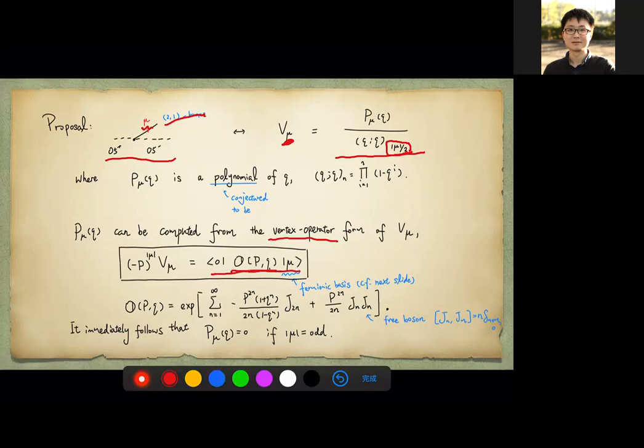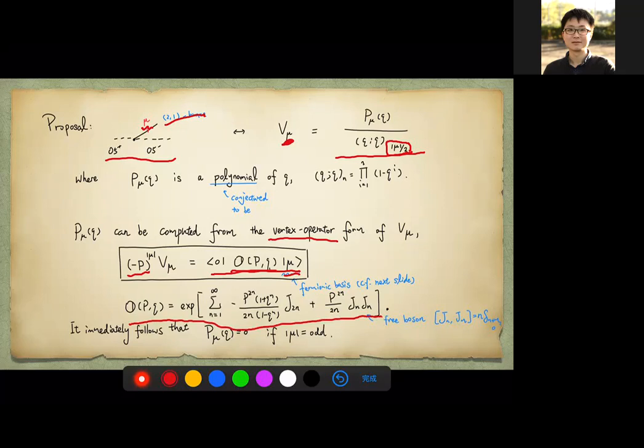And we have some fermionic bases, 2D fermionic bases that are labeled by Young tableaus. By extracting out the corresponding order of P, we can compute this polynomial in detail, and this O vertex actually looks like this.